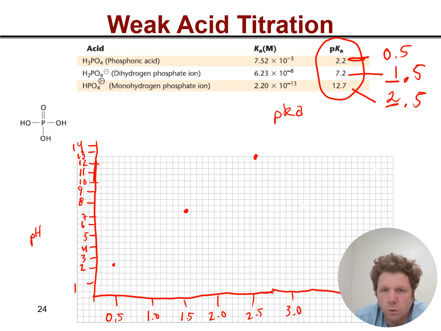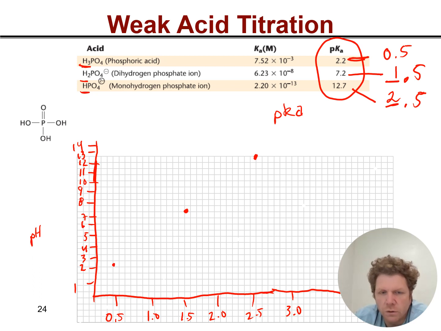ionizing each one of these groups, and so my group number 0 is going to be this first hydrogen ion. Then the next one is going to be the second hydrogen ion, and then the next one is going to be the third hydrogen ion.